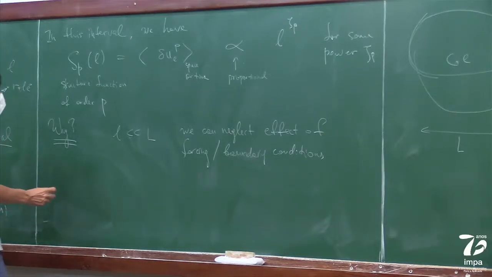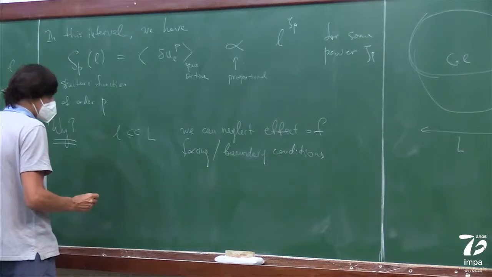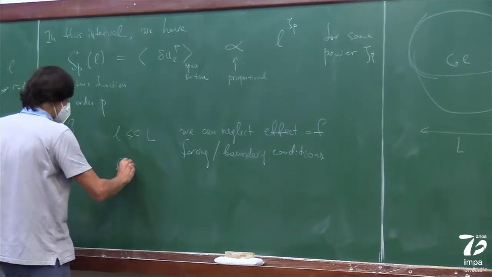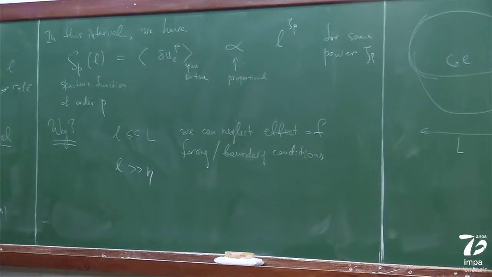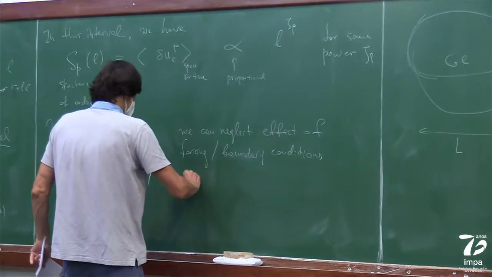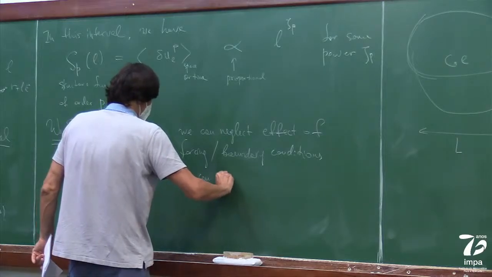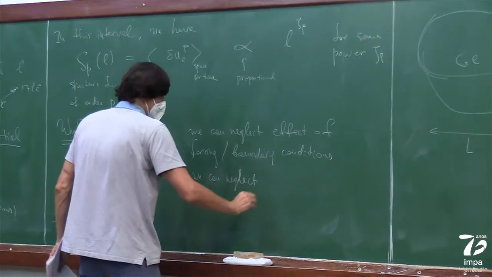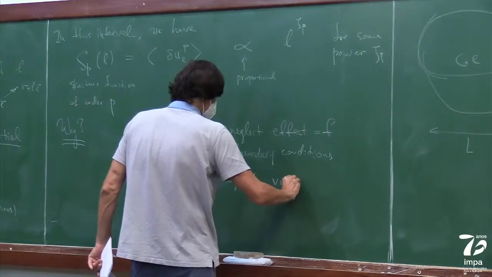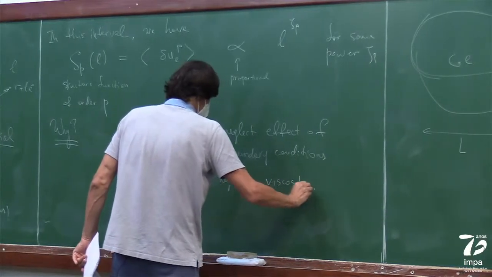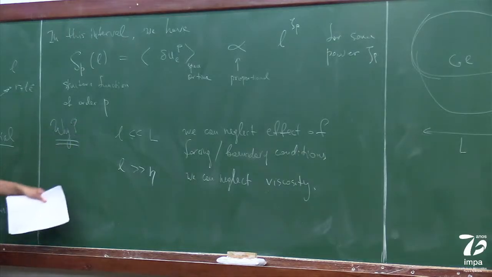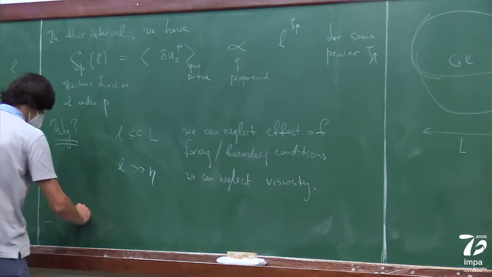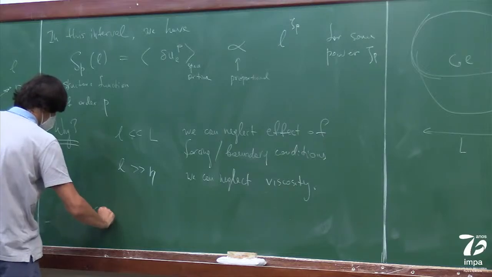Another property which is usually assumed is that l is much bigger than the viscous scale, which means that we can neglect viscosity. Which just leaves us, as equation of motion, the Euler equations.